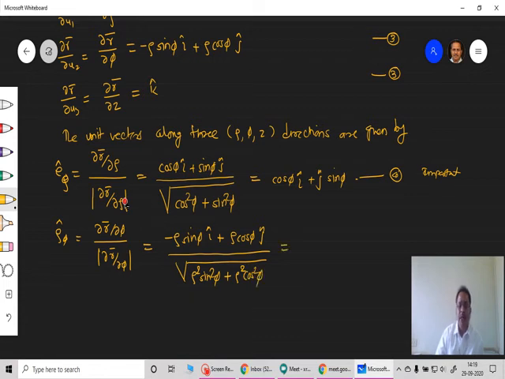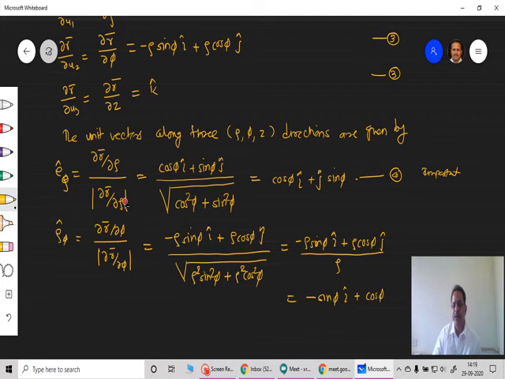Solving this, I get rho square common, and sin square phi plus cos square phi is 1. So the root of rho square is rho, and therefore the numerator is minus rho sin phi i cap plus rho cos phi j cap, and the denominator is simply rho. So rho gets cancelled in both the terms, and we get minus sin phi into i cap plus cos phi into j cap. This is my equation number 5, and this is also important. This is my second vector, E phi cap.